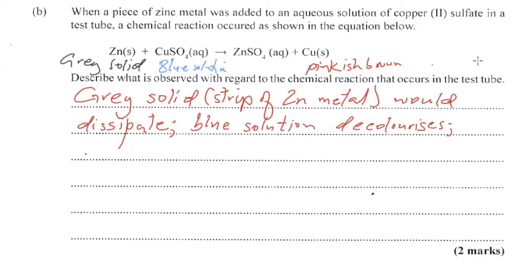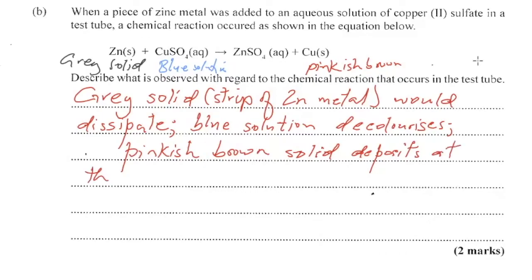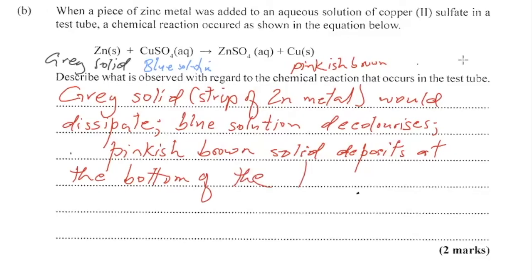And of course, for the formation of the solid copper, we would expect to see pinkish brown solid deposited at the bottom of the test tube. And that would have given us full marks.